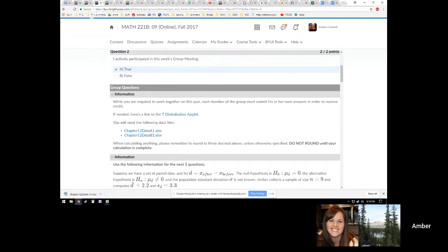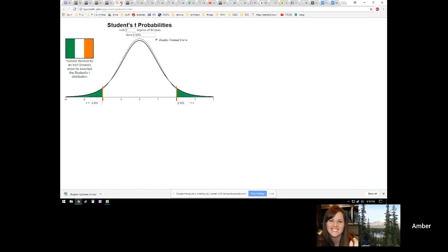Because that one we used the student's t probability, and we used the formula from 3, x minus mu over s divided by the square root of n, where we got our 2, and then we figured out the degrees of freedom was 8 because it's the sample size minus 1.